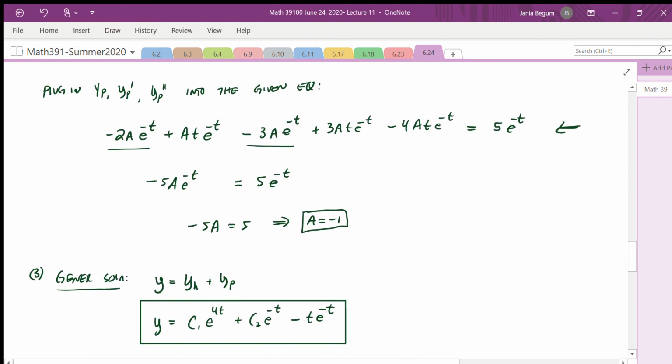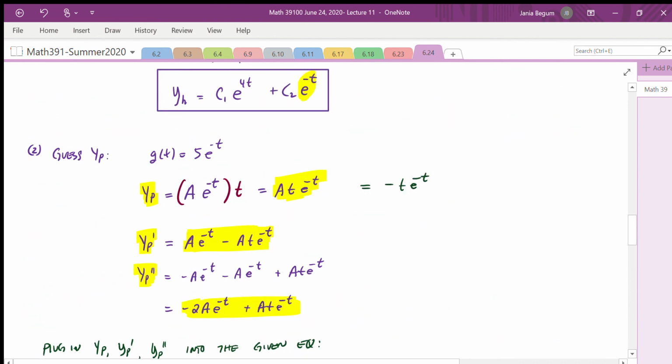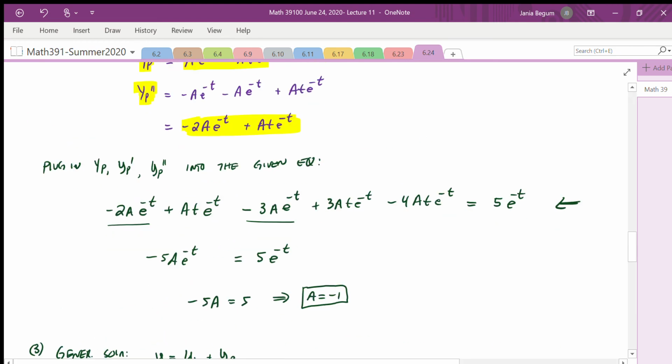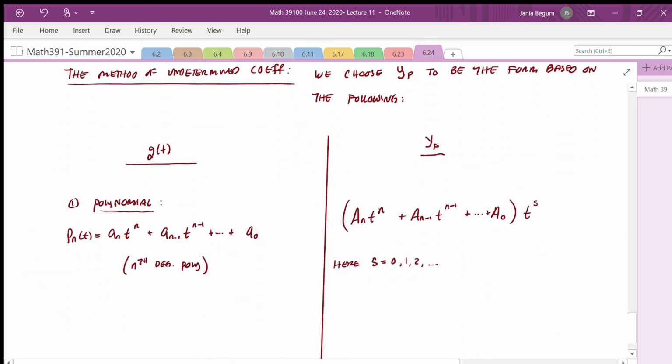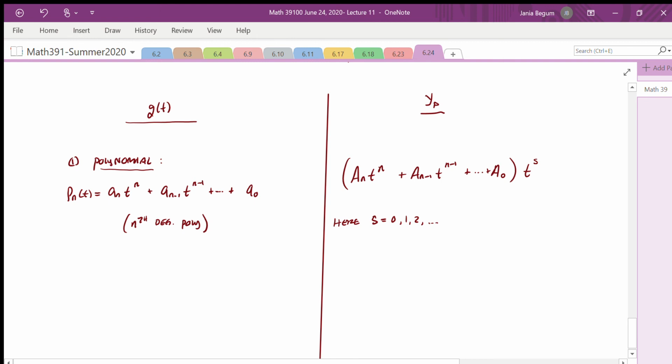Whereas in this example, yp is a e to the negative t times t, so you can think of s as 1, because I need just one power of t to make it different from the homogeneous solution. So s can be 0, 1, 2, 3, and so on.